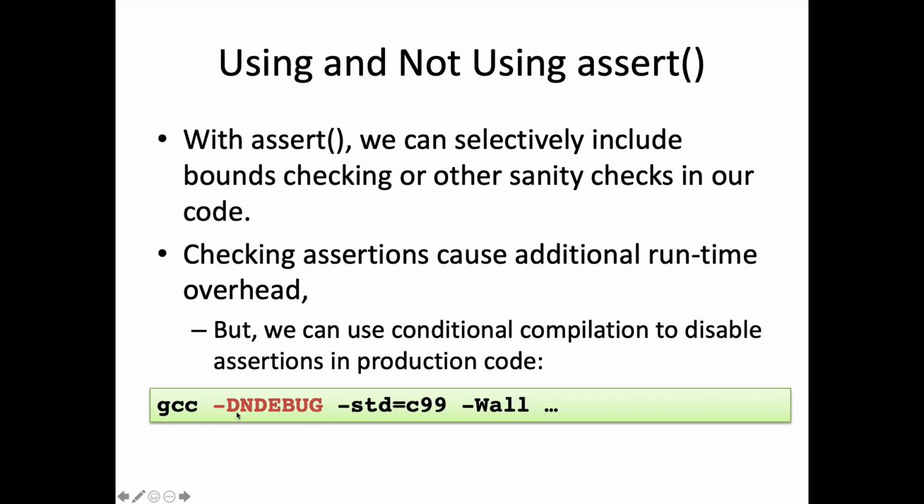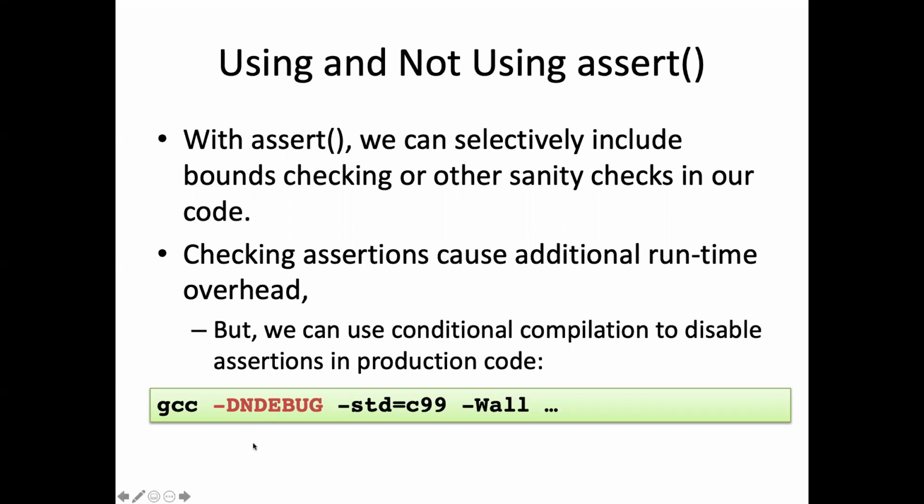The right way to read it is to think of this -D as a define. So -D says define this thing, and this NDEBUG that comes afterward, you can think of that as no debugging, or really it just means turn off assertions.